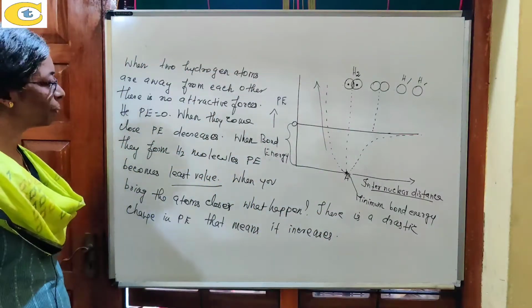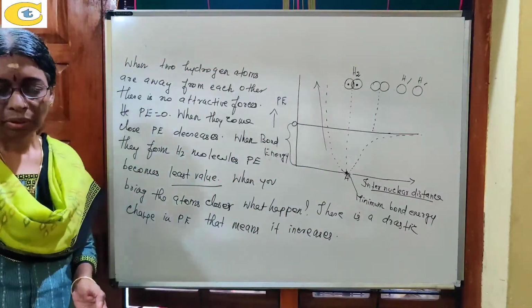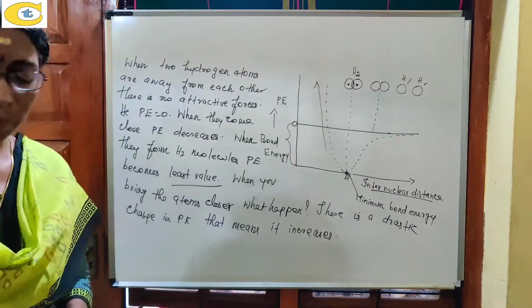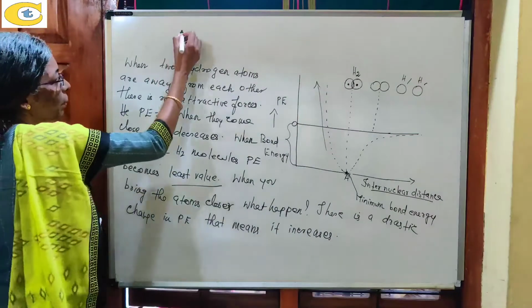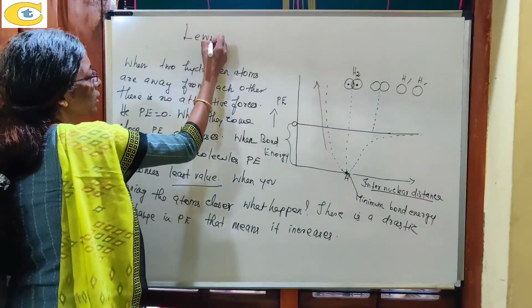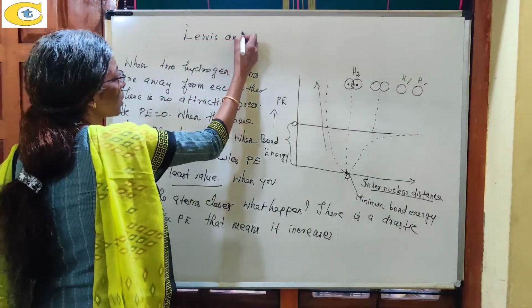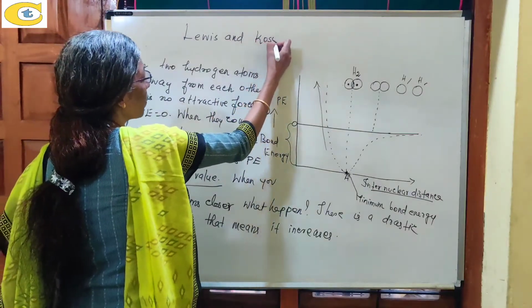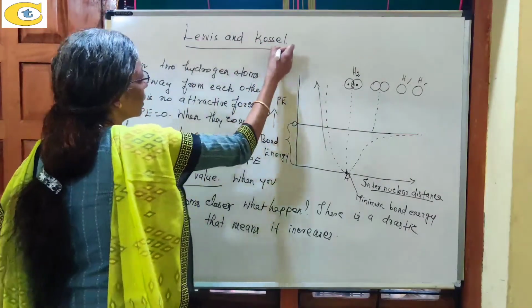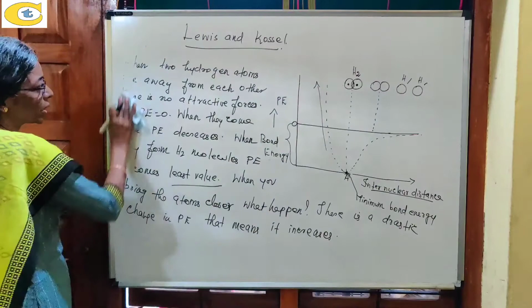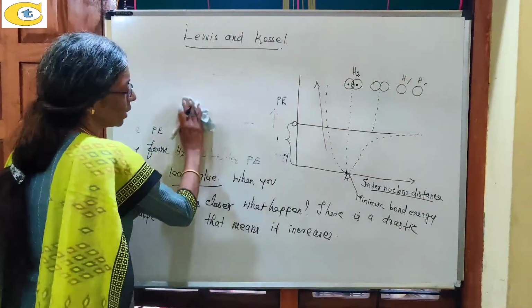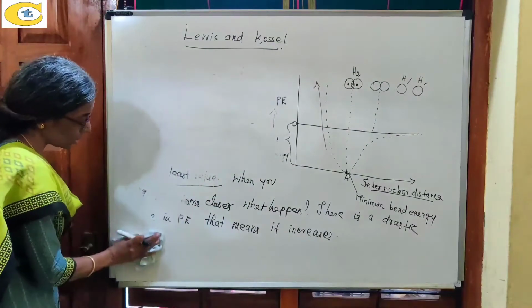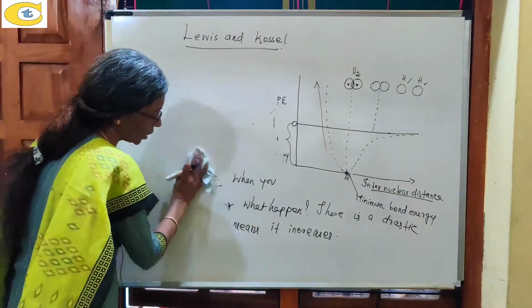Now let us see based upon this. In 1916, Lewis and Kossel gave a logical explanation based upon valency and the inertness of the configuration.